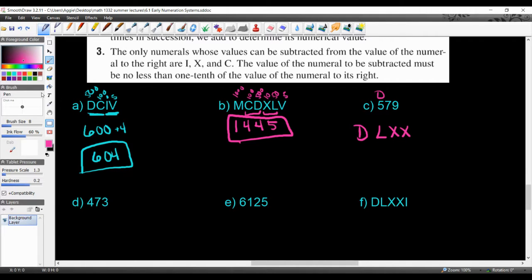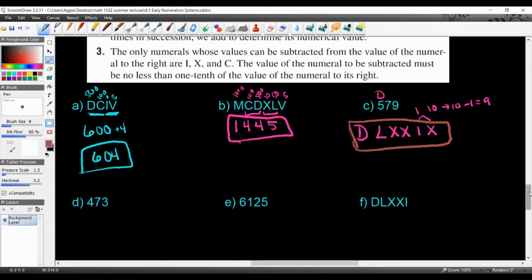So I could do 9 of these, but I feel like that's going to be too spacious. So I'm going to just do IX, because this part means 1 and this means 10. So we're actually going to subtract, which would be 10 minus 1 equals 9. Okay. And this would be my answer for letter C.